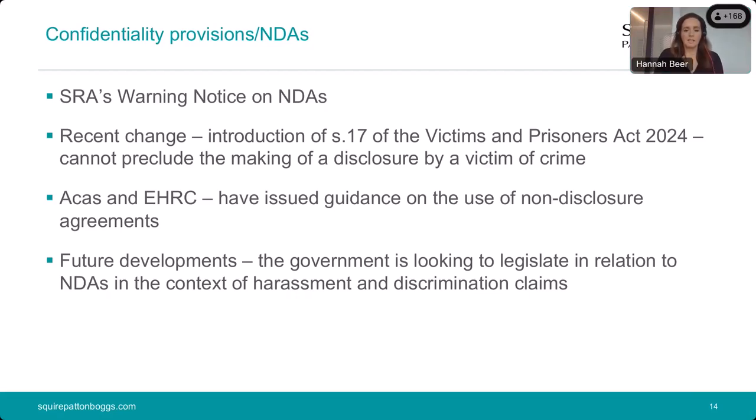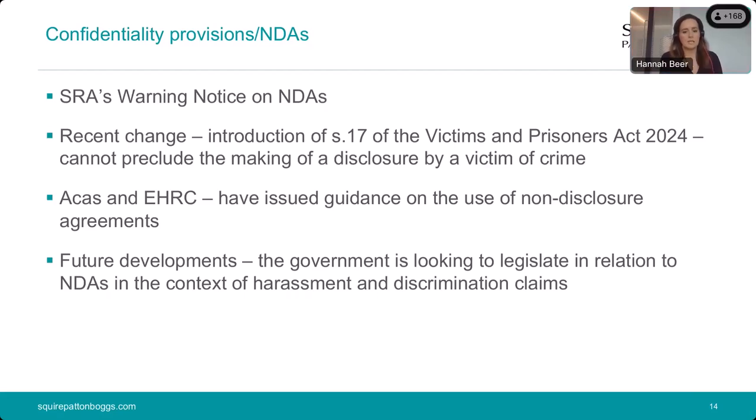And finally, just to flag that the government is looking to legislate further in relation to NDAs in the context of harassment and discrimination claims. We don't have many details at this stage, but in brief, the government will be seeking to further restrict the use of NDAs by employers in the context of harassment and discrimination claims. And again, that will likely apply to settlement agreements.